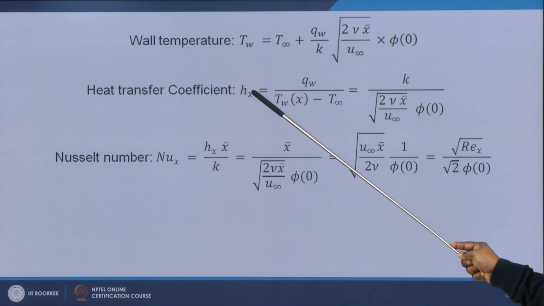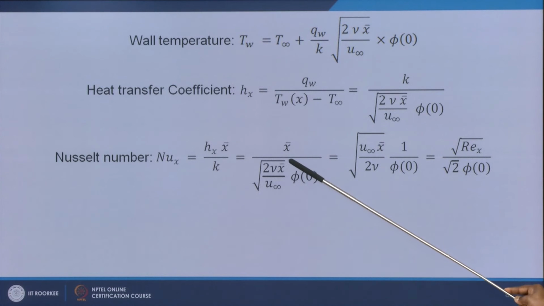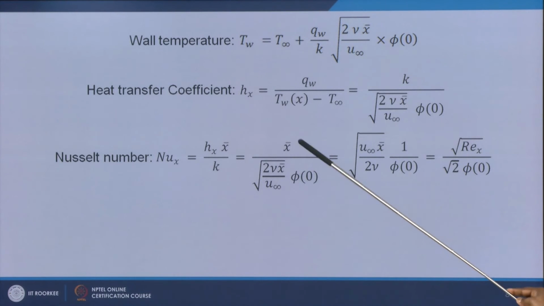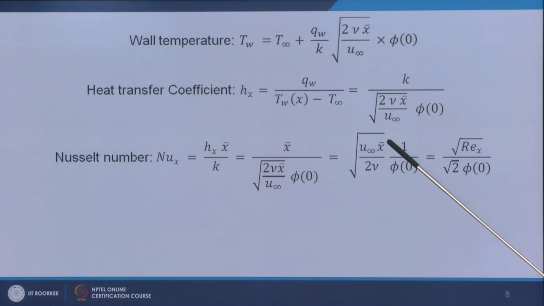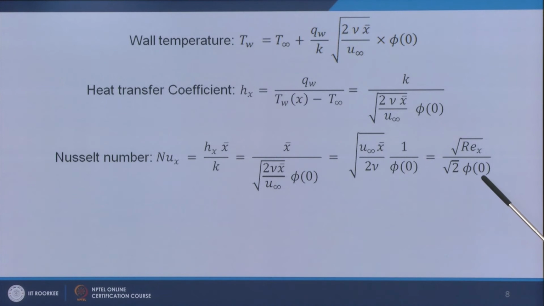Okay, so h we have already found out, and if we link up x bar and k with this one, the cancellation of x bar and root x bar will give you root x bar in the denominator, and then this term u infinity x bar by nu will actually give you Rex. So it is root over Rex by root 2 into phi 0. Anyhow, this Nusselt number is actually linked up with phi 0 once again.